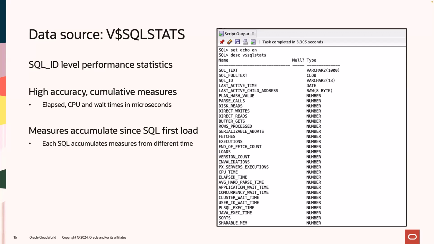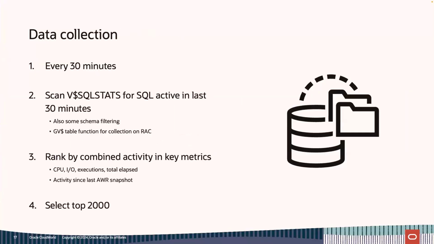And every SQL gets a different load time. They don't all load together when the instance restarts. When some user submits a query that's never been seen before, or at least since the instance restarted, that's when an entry in SQL stats gets made for that SQL. And that actually presents one of the key challenges that we have.